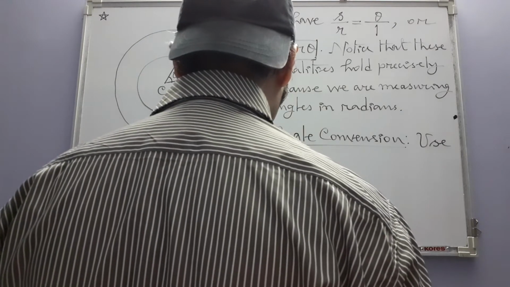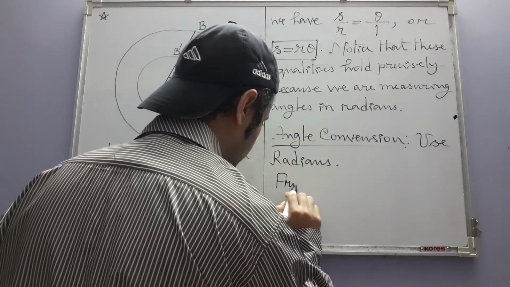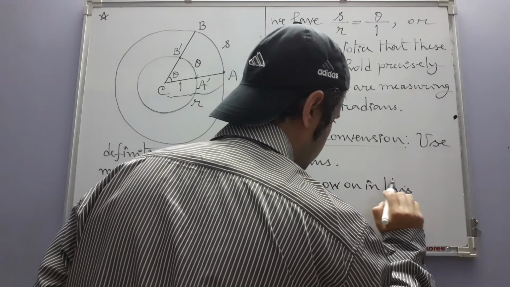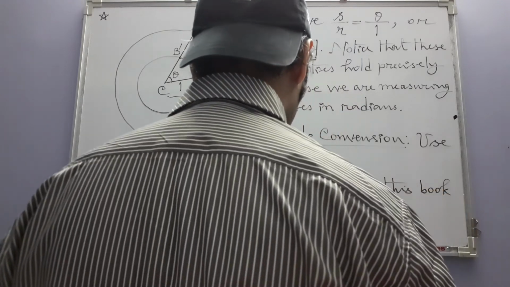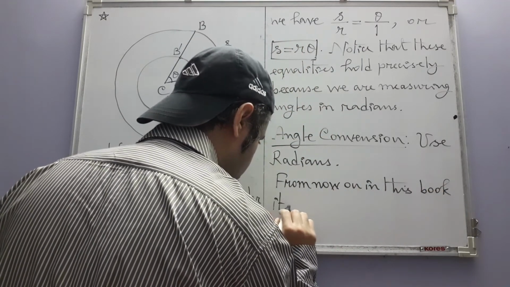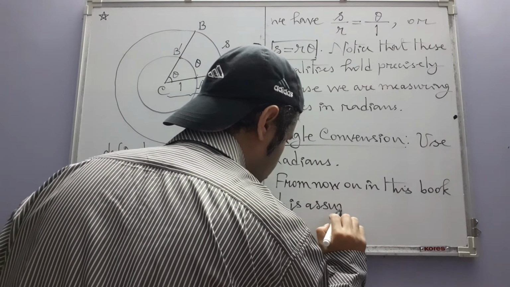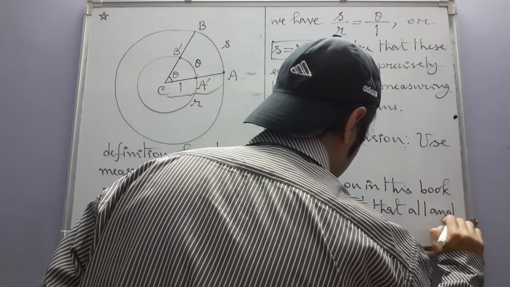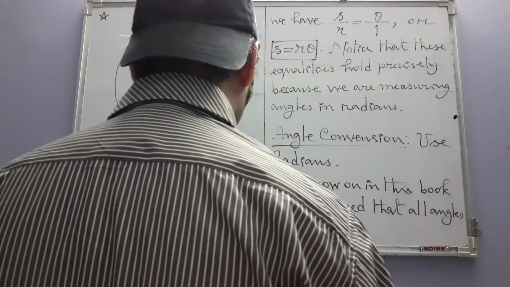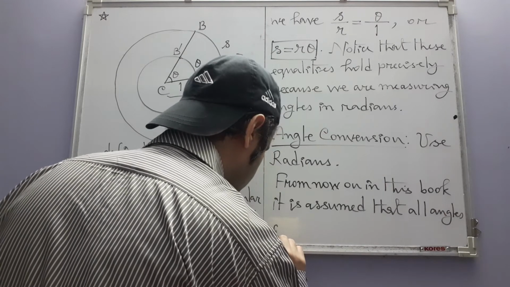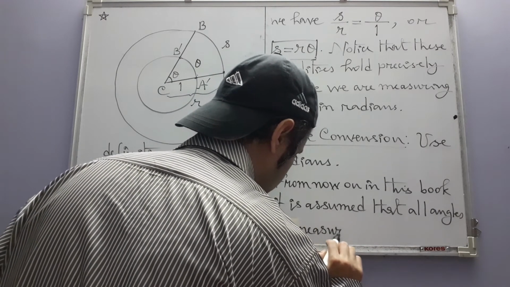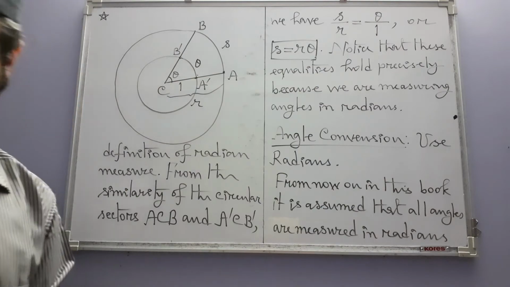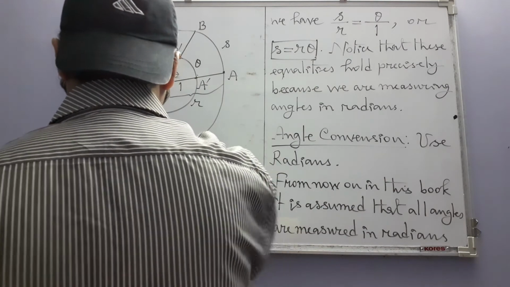More specifically, from now on, in this text, it is assumed that all angles are measured in radians, unless stated otherwise explicitly.